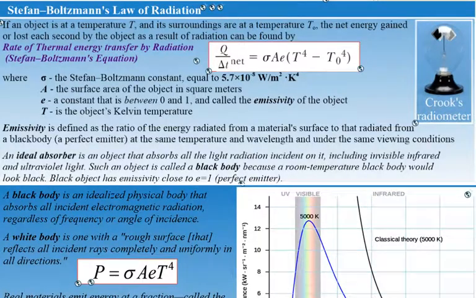So Stefan Boltzmann's law, sometimes called Stefan's law, relates the temperature of a black body to the amount of power it emits per unit area, and the law states that the total energy emitted or radiated per unit surface area of a black body across all wavelengths per unit time is directly proportional to the fourth power of the black body's thermodynamic temperature.